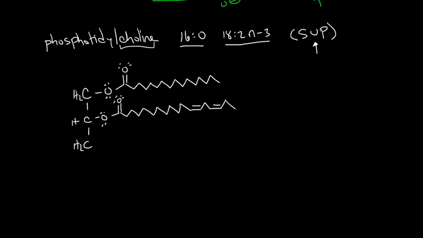Okay, so drawing these unsaturated fatty acids from the carboxylic acid, it takes a little bit of practice. Let's verify that we drew it correctly, because we need to make sure that we have 18 carbons, and the first double bond is 3 carbons away from the omega terminus. So this is position 1.